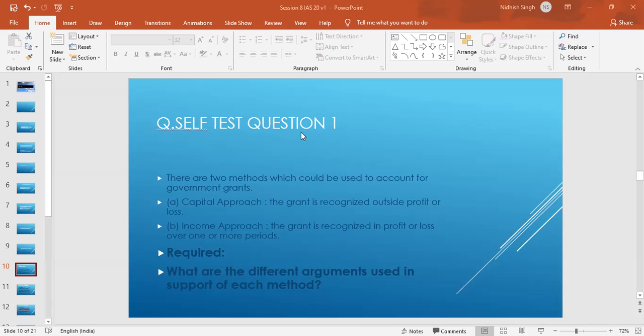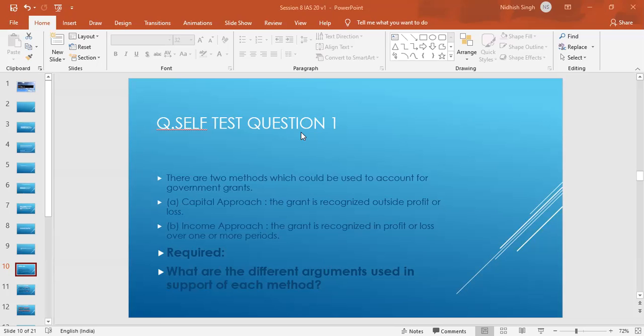Because we can reflect the grants in two different ways, right? Everyone has a preference, everyone has a choice, and they try to go by one choice. Of course, there are other accounting rationales, but if you have to support that capital approach is a good one, what will you say in favor of capital approach?